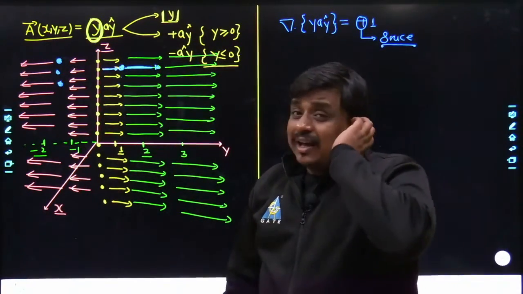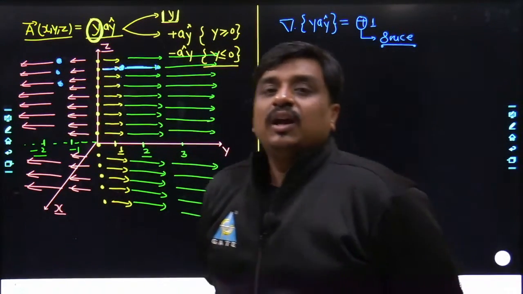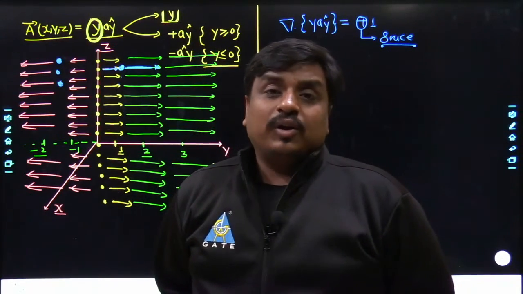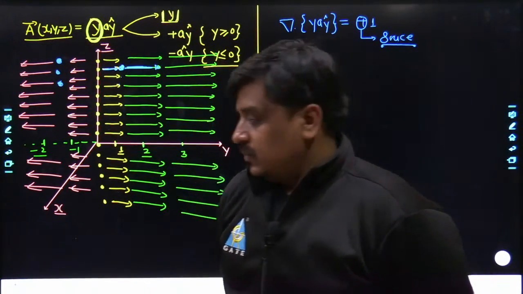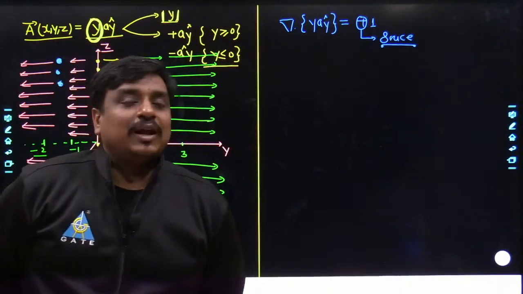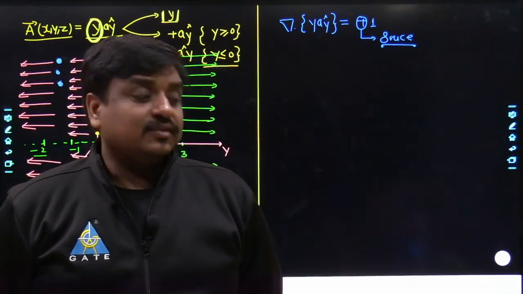Now I would like to ask one thing from each one of you. Can I apply the divergence over a scalar quantity? I want the answer in terms of yes or no. Whether the divergence can be applied over a scalar quantity? Yes or no?